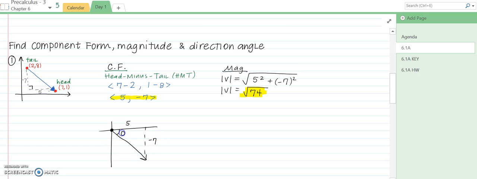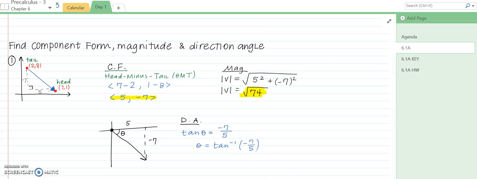I'm looking for this little angle, the direction at which that tail starts and how it gets to the head. To find that little angle, think about all the trig we've done. If I have the opposite and I have the adjacent, tangent will help me find it. So opposite over adjacent, and to get that angle by itself, you take the inverse tangent.